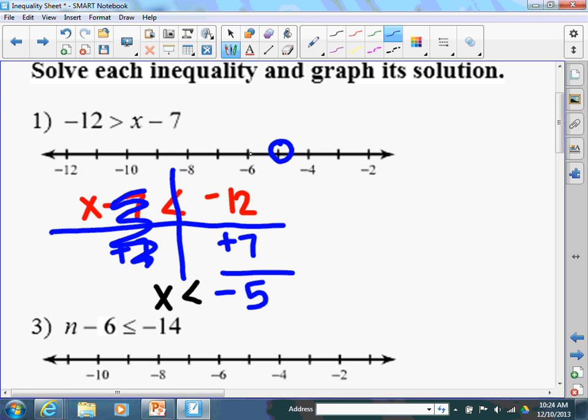Open circle. Shade to the left, because we're pointing to the left. You don't have all the stuff done like I've written it, so you're really confused. If I check the time to put it down here, you need to do that too, because it's to help you. Okay, number 2.